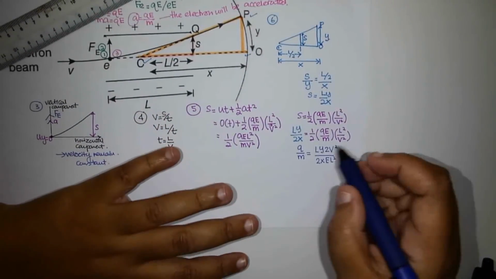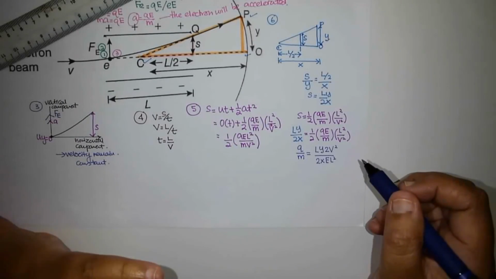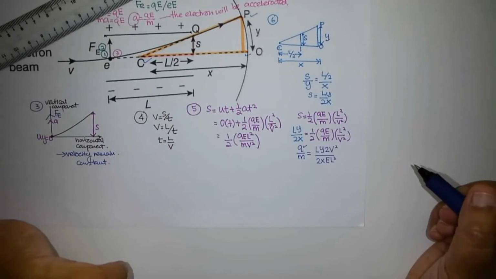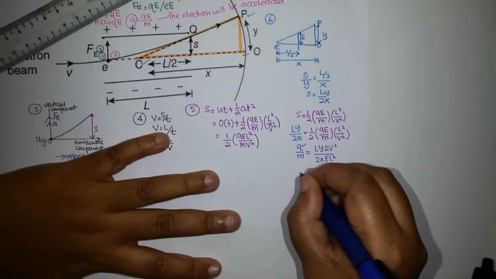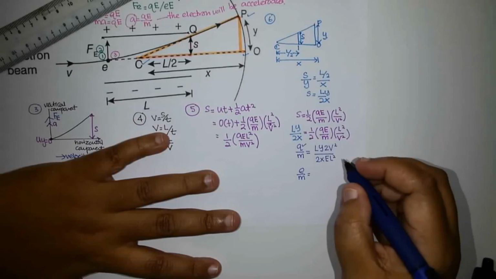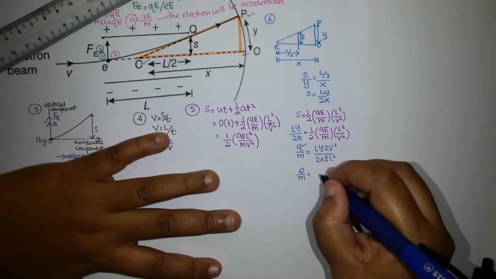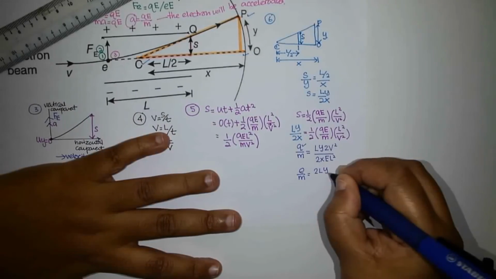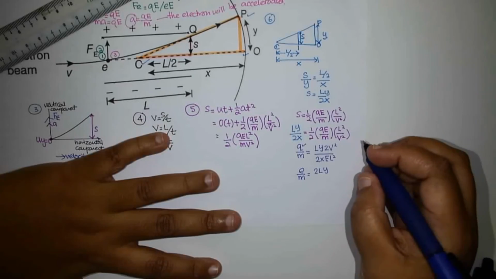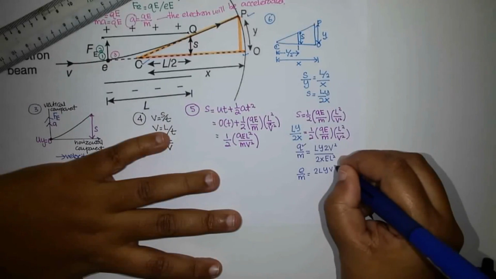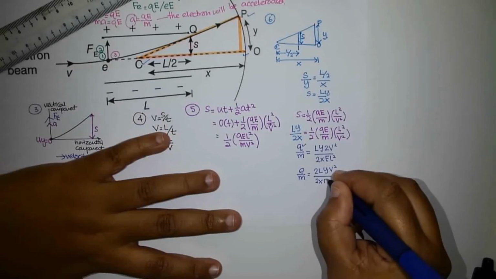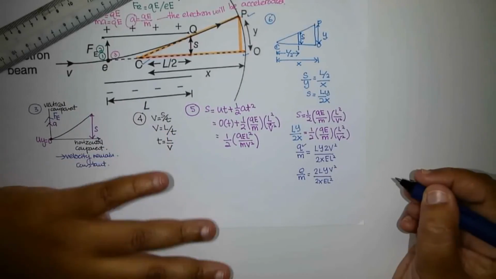Before I arrange it, because the Thomson experiment is to determine the value of e over m, my Q here actually represents a negative charge, so I can also put Q as small e to be very specific. So e over m is equal to 2 L y v square divided by 2x E L square.